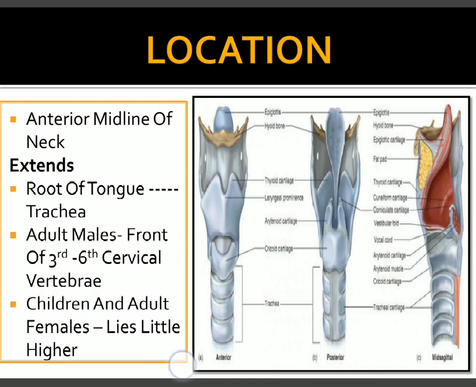If we look according to the vertebral level, in adult males, the larynx lies in front of the 3rd to 6th cervical vertebra. These are the typical cervical vertebra, and against this vertebral level, the larynx lies in case of adult males. In case of children and adult females, it is at a little higher level.